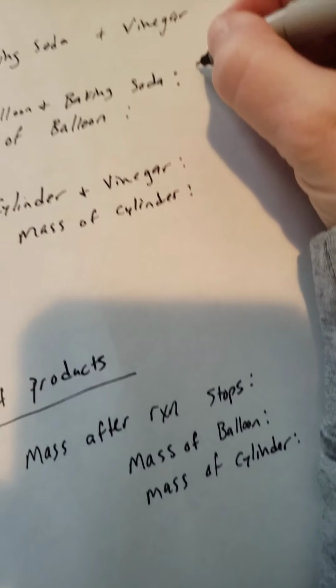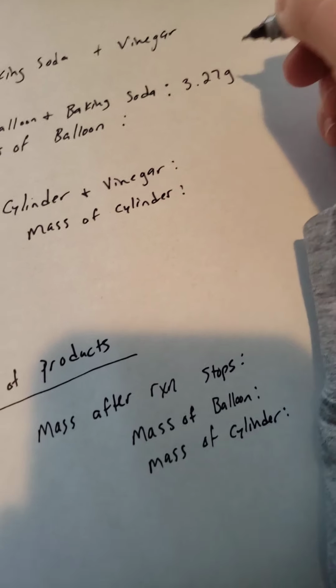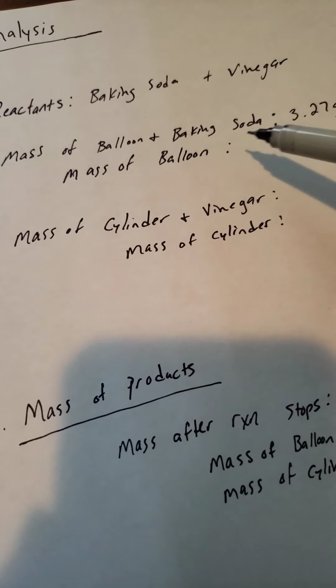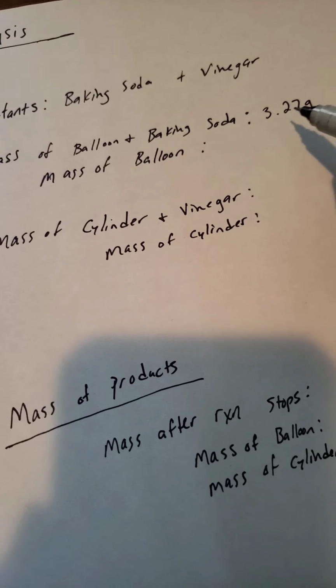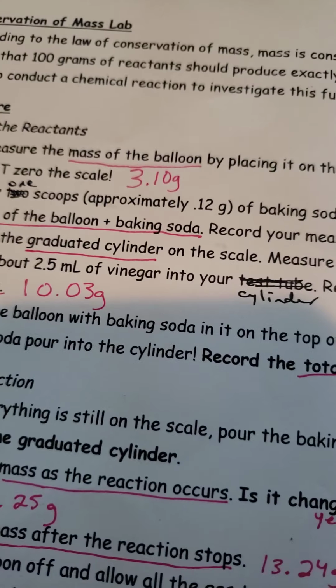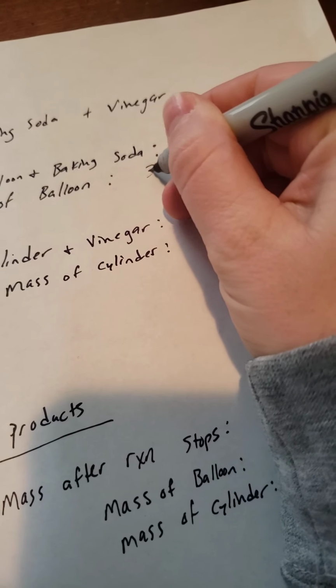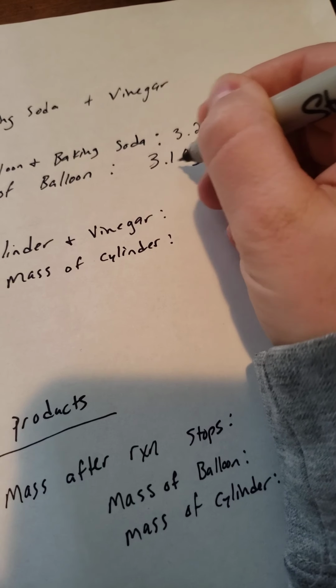So I'm going to write that down here: 3.27 grams. And then to find the mass of the baking soda alone, I also need to know the mass of the balloon. So I'm going to subtract these two numbers. The mass of the balloon alone was 3.10 grams.